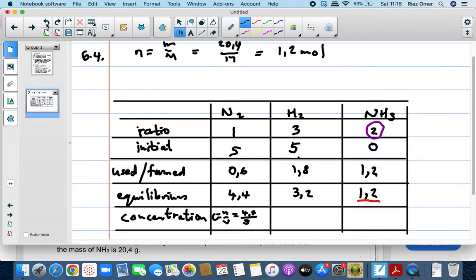Let me just put that down. It's going to give you 0,88 moles per dm cube. Similarly, if you take 3,2 divided by the volume 5 and you work it out, you'll get 0,64.